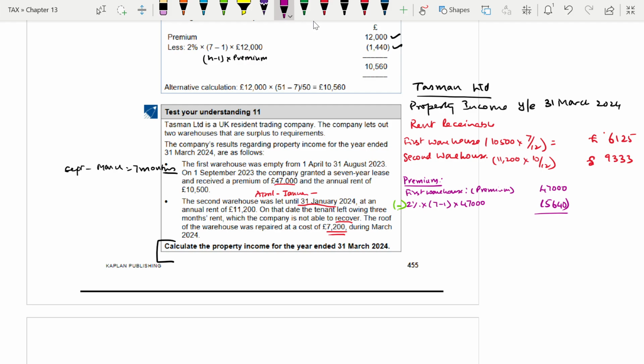How much do we have to take? 41,360. Total comes to how much? Are you understanding what we are doing? Yes, sir. 41,360.